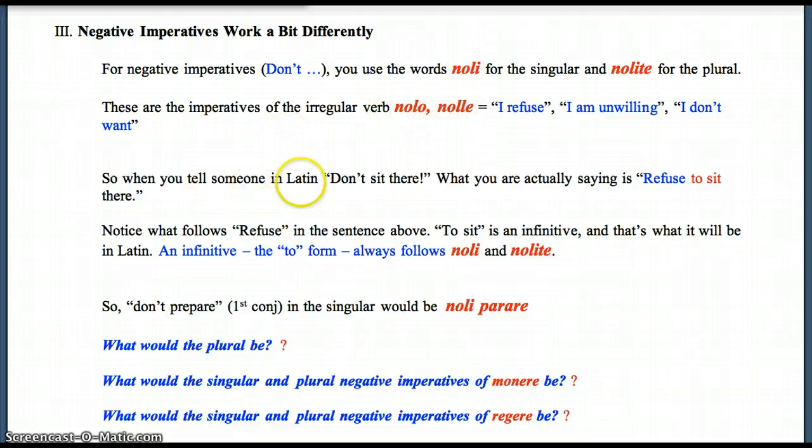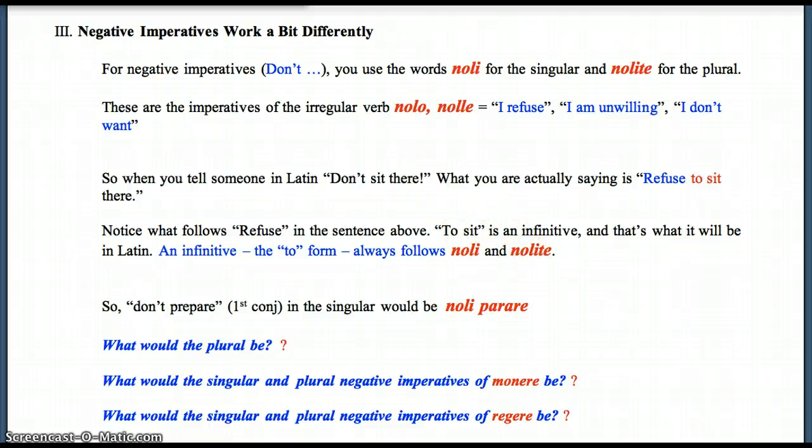So when you tell someone in Latin, don't sit there, you're actually saying refuse to sit there. Be unwilling to sit there. Do not want to sit there. Notice that what follows refuse in this particular sentence is to sit, and that's an infinitive.